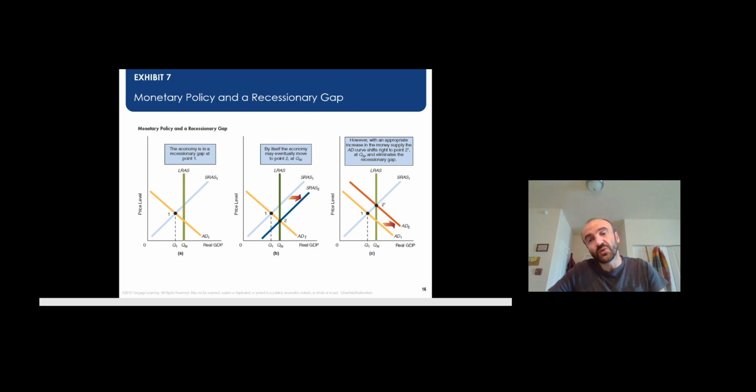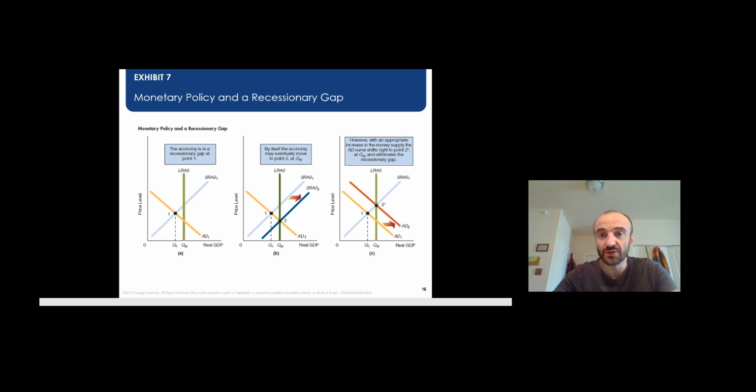However, you can do the second thing that might work quicker sometimes. If you're not ready to wait for very long and to tolerate high rates of unemployment in the meantime, you can do another thing. You can increase aggregate demand. You can stimulate the economy by monetary stimulus.